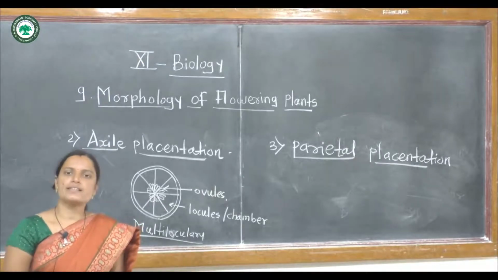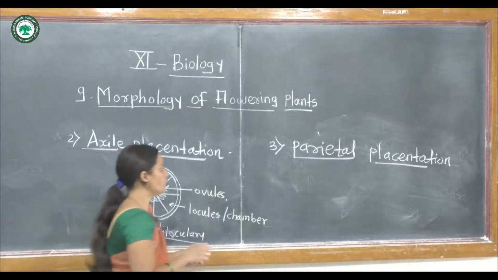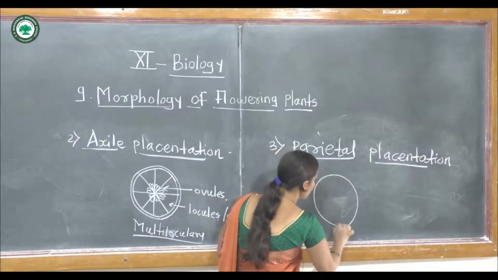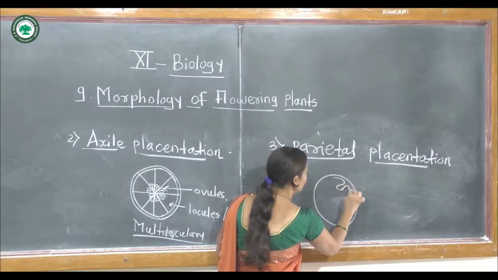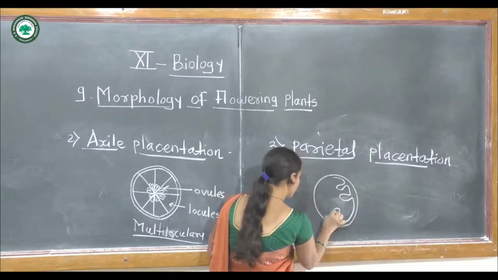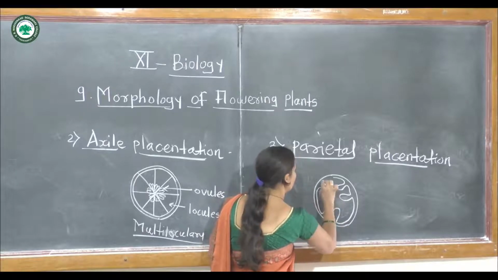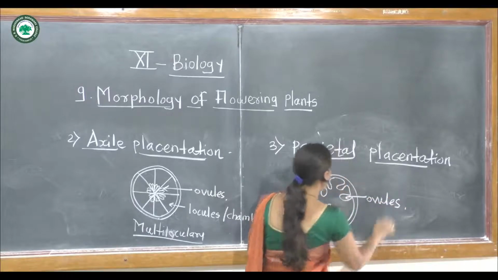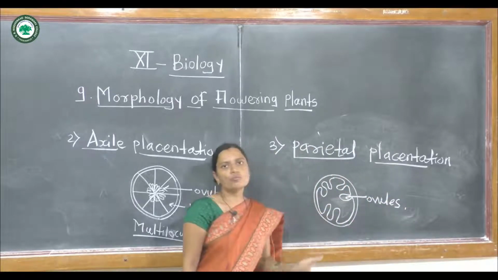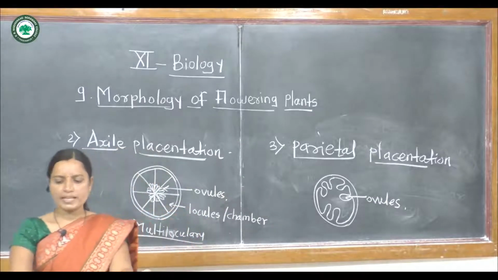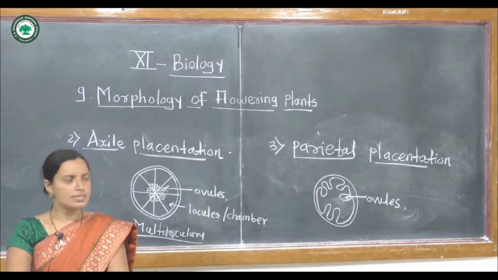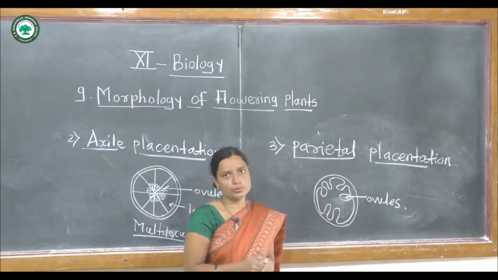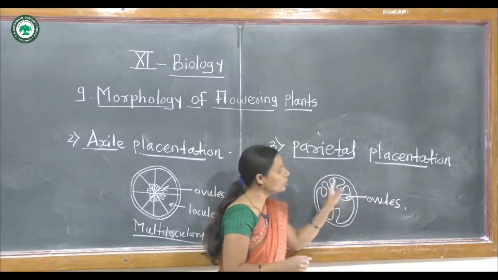In parietal placentation, the ovules are located at the parietal position, meaning they are arranged on the inner wall of the ovary.